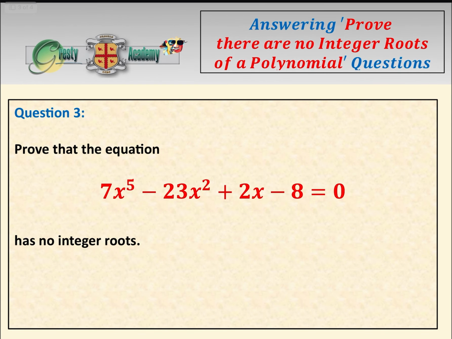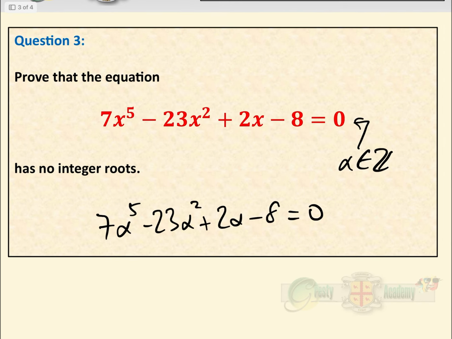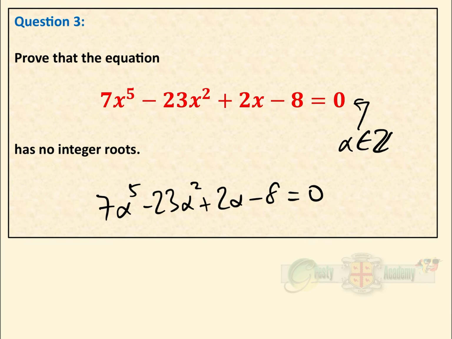Now this time we can't really use either of the two tricks above, and we're going to use modular maths. Basically, if there is an integer solution, alpha contained in the integers, to this equation, then we know that 7 alpha to the 5 minus 23 alpha squared add 2 alpha minus 8 equals 0 by definition, because that is a solution to this equation.